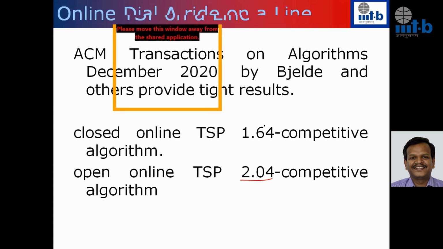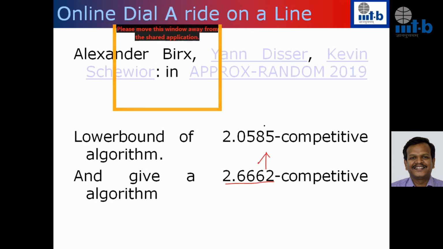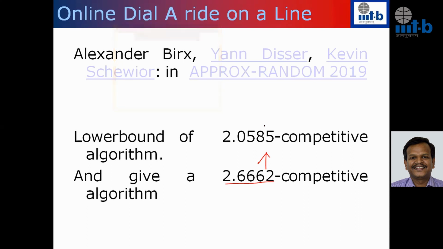It's also interesting to see what is the best that a zealous online algorithm can do for the line on this problem. And it's also interesting to see how to solve the dial-a-ride problem on a circle, which is also zealous, and achieve some of the bounds that are being published in the case of a line.